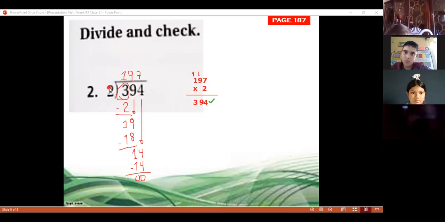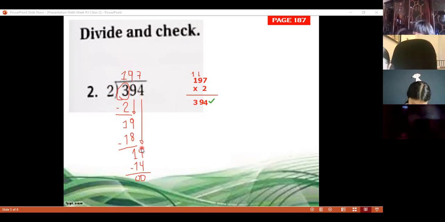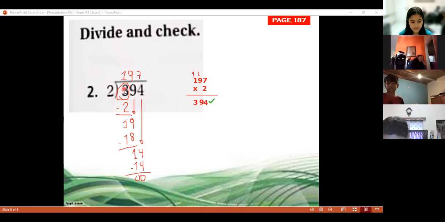You think, 2 times 9 is 18. So 2 times 9 equals 18. 19 minus 18 equals 1. We put down the next number, number 4, and we get 14. And you say 14 divided by 2, 2 times 7. 2 times 7 equals 14. 14 minus 14, 0, and that's it.